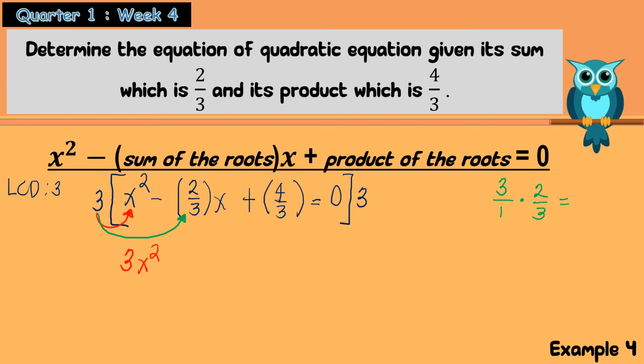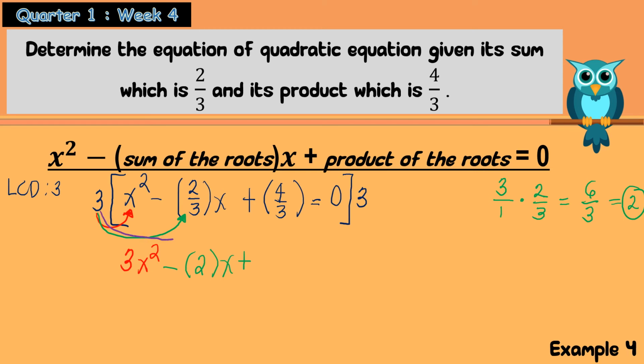So, you got here 3 times 2, which is 6, divided by 3. 6 divided by 3 will give us 2. Okay, so therefore, you got here negative 2x.